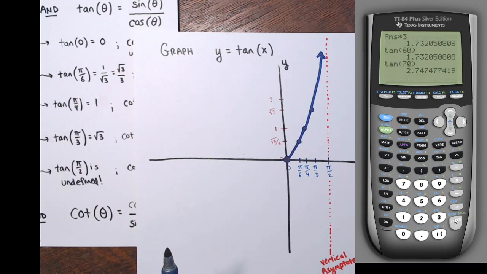You see how it's even larger, 2.74. What's the tangent of 75 degrees? Should be even larger, right? 3.73. The tangent of 80 degrees. Right, the closer I get to 90 degrees, the larger the output gets, right? Tangent of 80 degrees, closer to 90, is 5.67. What's the tangent of 89 degrees, really close to 90? See, it's 57.3.